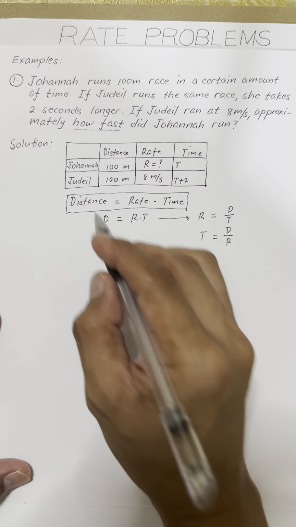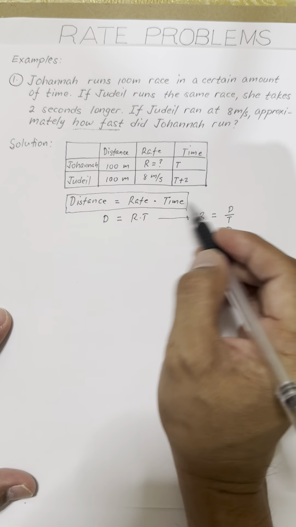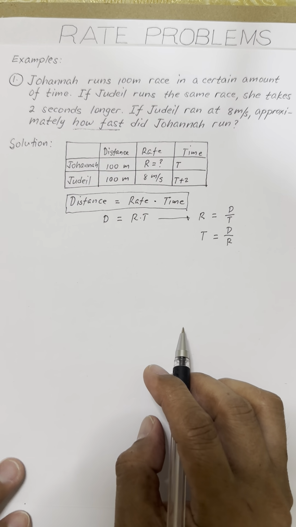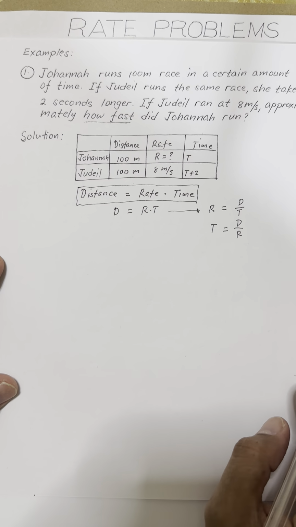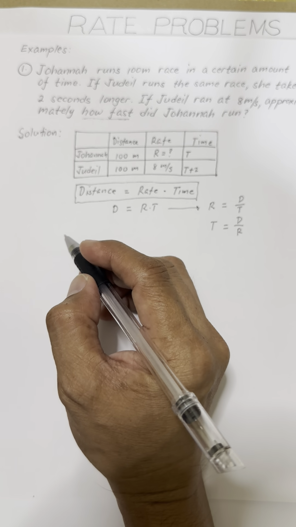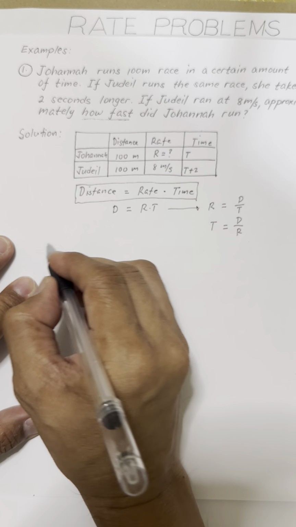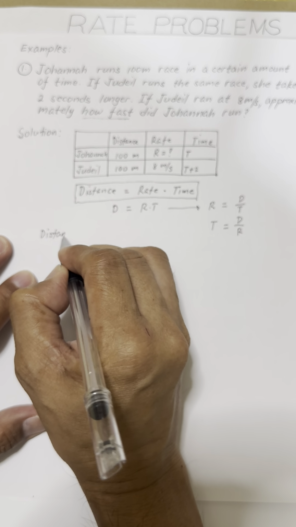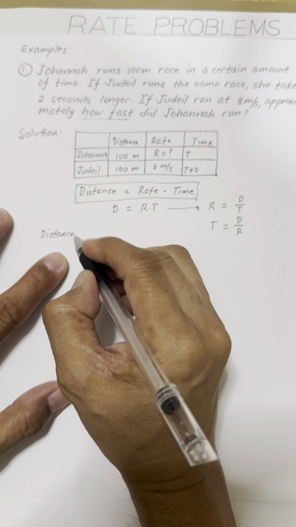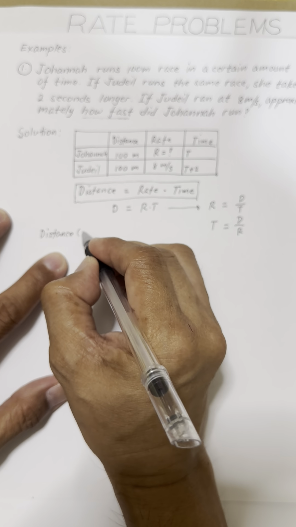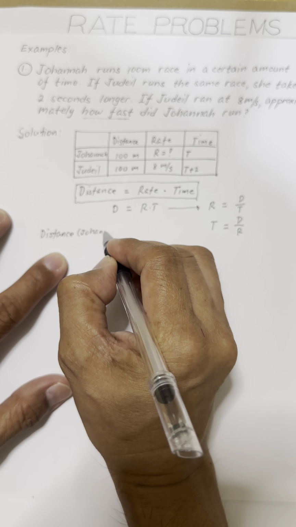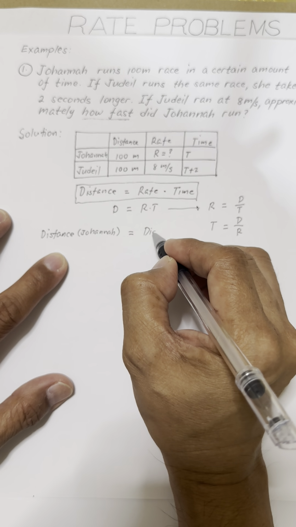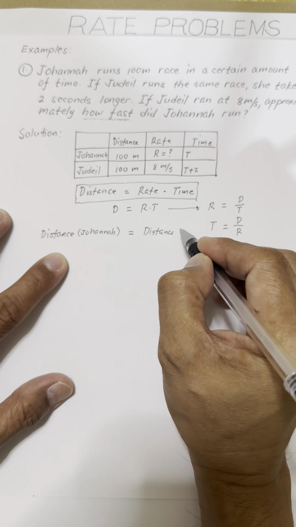Alright, so from the givens that we have organized in this table, we can say that the distance for Johanna is the same distance as for Judel. So the distance that Johanna runs is equal to the distance that Judel runs.